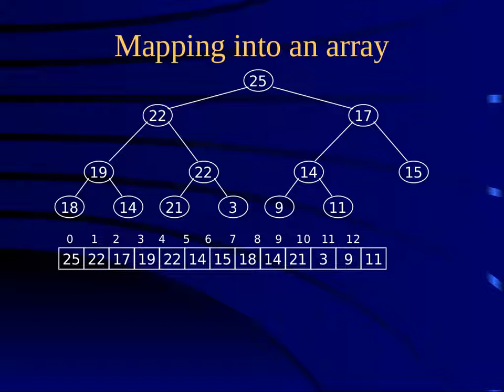So it's going like this, guys. In the array, you're storing it 0, 1, 2, 3, 4, 5, 6, 7, 8, 9, 10, 11, 12. Okay? All right. Does that make sense?